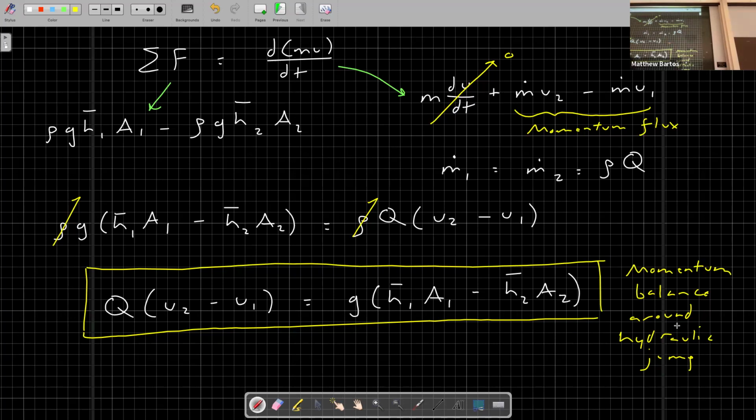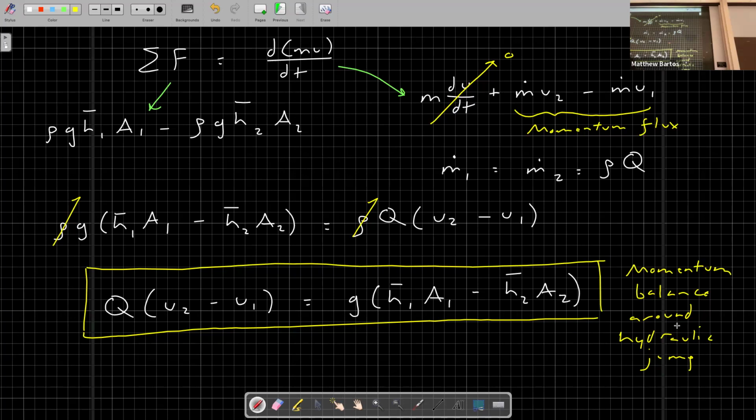The density is in units of something like kilograms per cubic meter. So if you multiply the density by the volumetric flow rate, you'll get kilograms per second. That would be the mass flow rate. Okay, good question. Any other questions on this derivation?